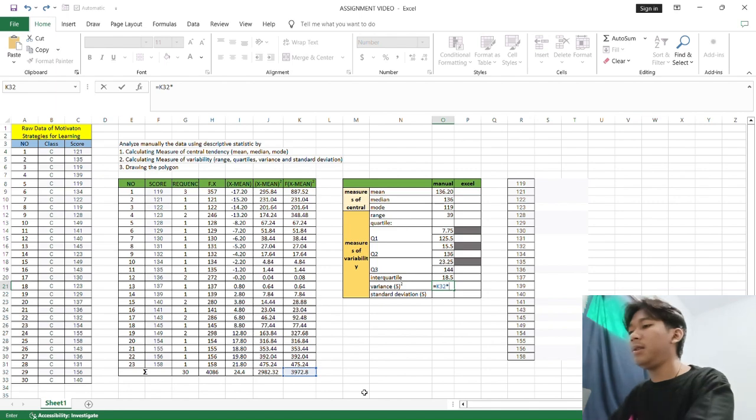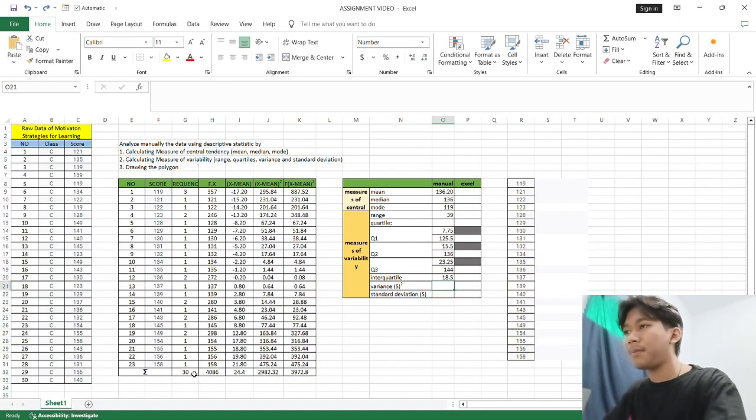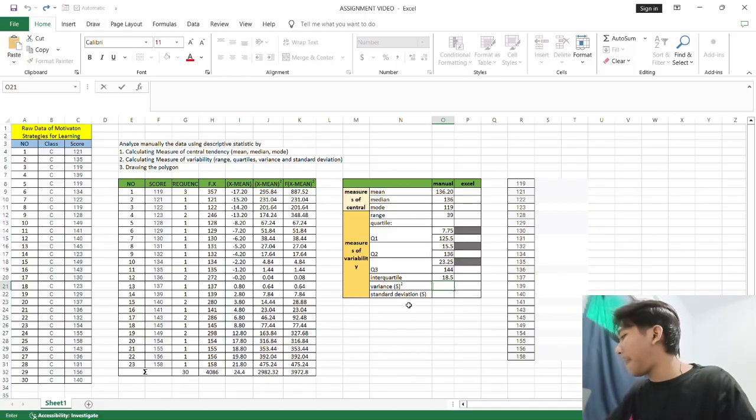So it's going to be like this. I think I put the wrong equations. Okay, so it's going to be like this.